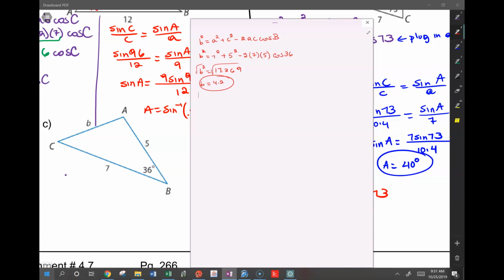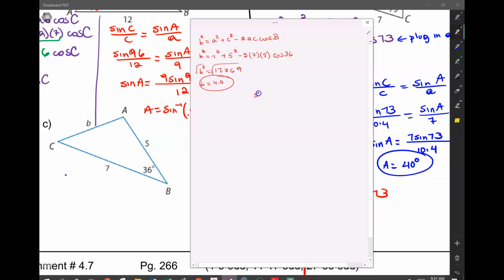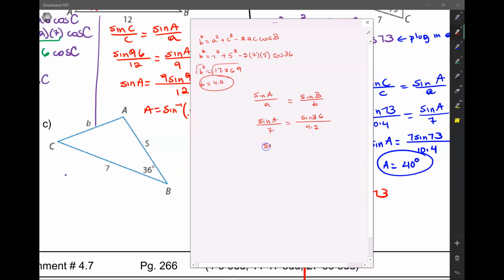A? Let's do A. So let's do sine of A over A equal to sine of B over B. Sine of A over 7 equals sine of B over 4.2. Sine of B is sine of 36. So sine of A is equal to 7 sine 36 over 4.2.